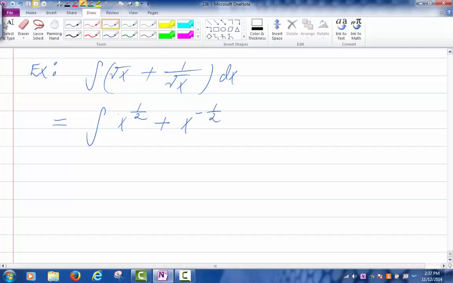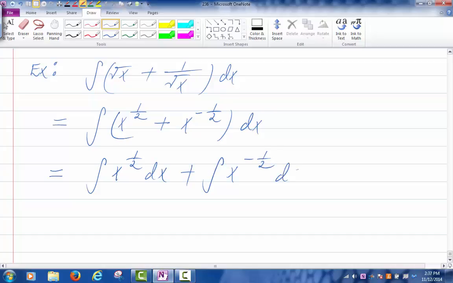So once I have written each term as a power of x, I can just apply the power rule. So I can take the integral of x to the half dx plus the integral of x to the negative half dx.